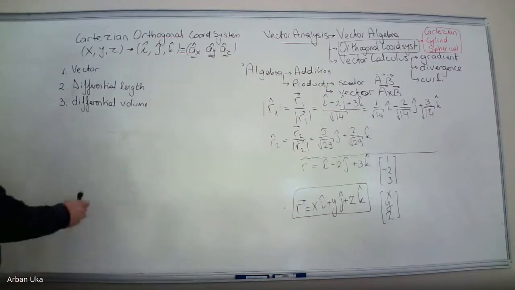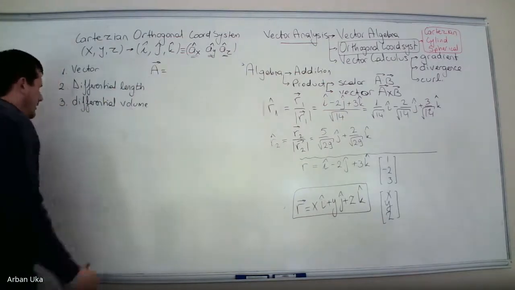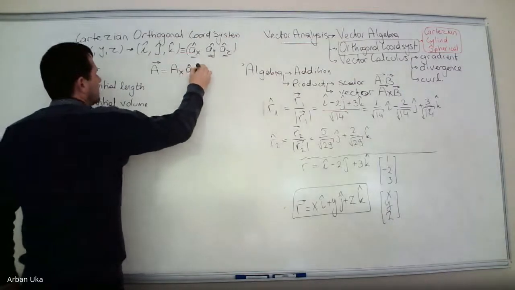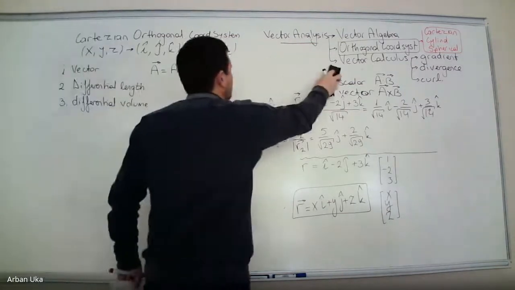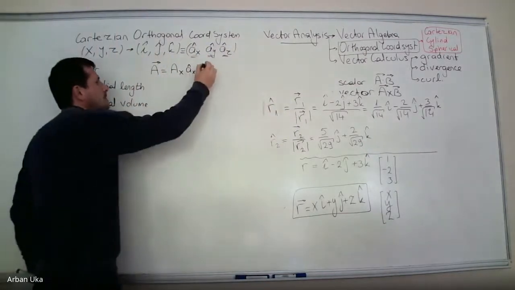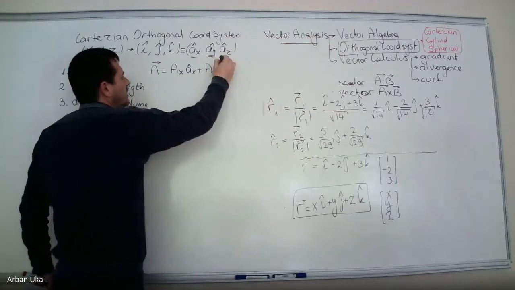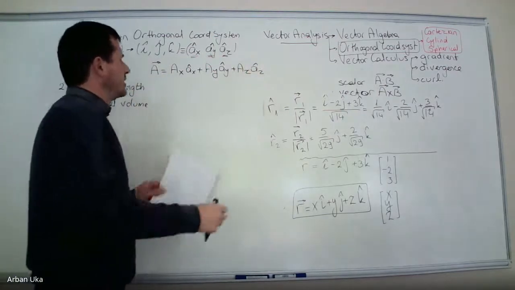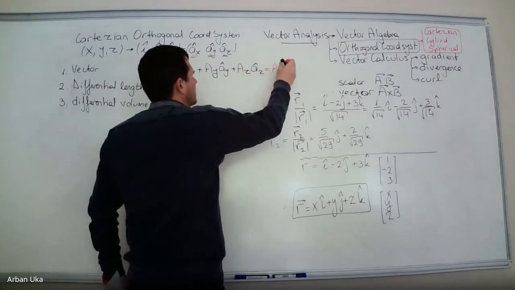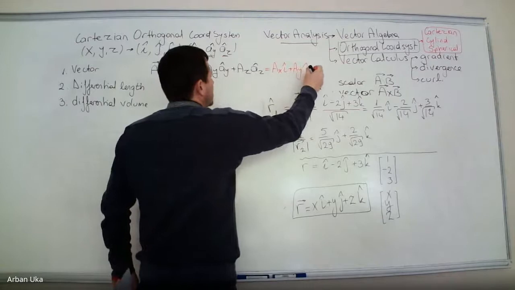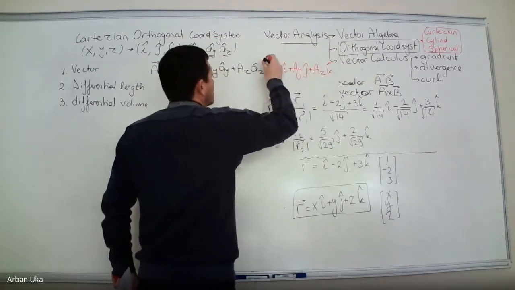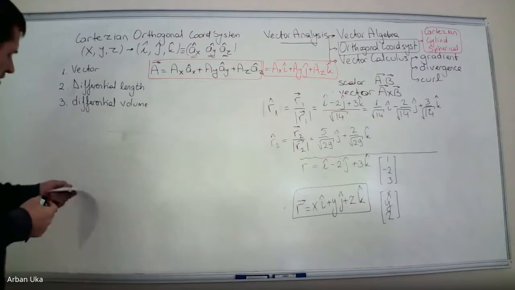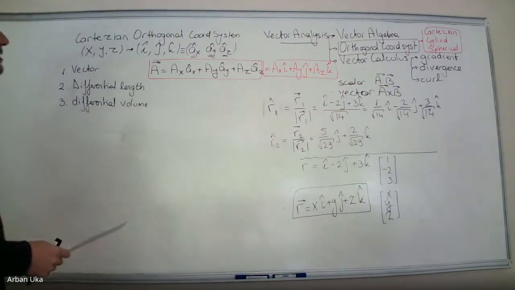So any vector in Cartesian coordinate system can be described as A. This is equal to Ax times ax plus projection of A along the y in ay plus projection of Az in az. Now, this is exactly the same as Axi plus Ayj plus Azk. So they are all equivalent, but we're just writing using this notation because the textbook follows the same notation.